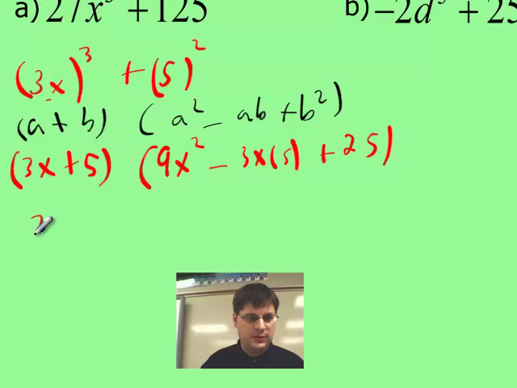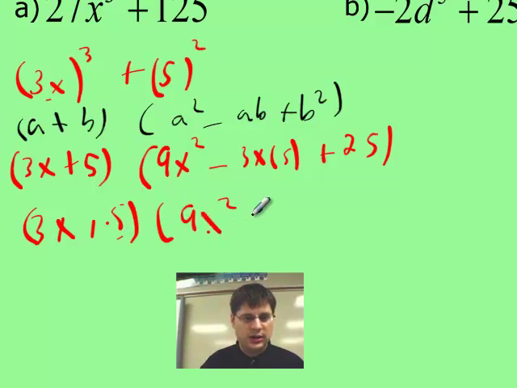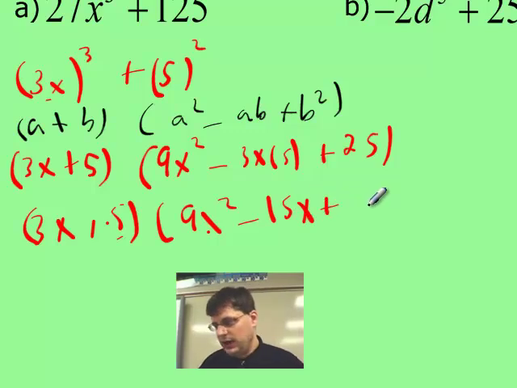So when I simplify this a bit further, 3x plus 5, 9x squared minus 15x plus 25.